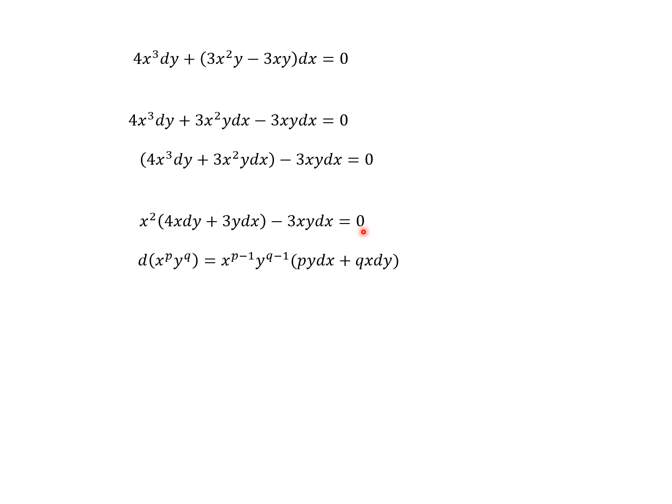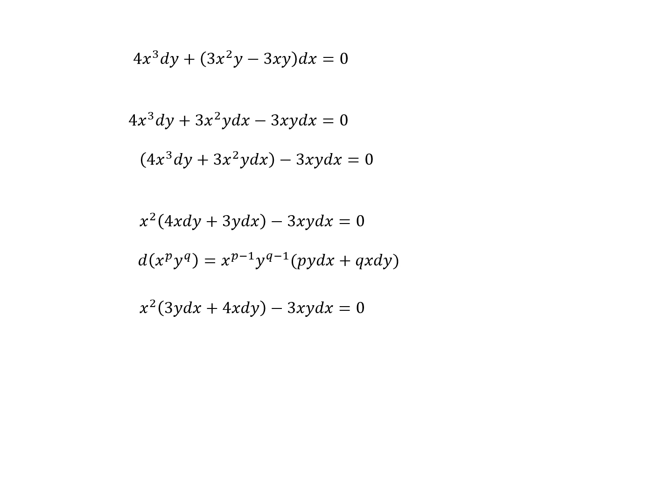We can take advantage of this rule: the derivative of x to the p y to the q is x to the p minus 1 y to the q minus 1 times p y dx plus q x dy. Originally this is x squared times 3y. Let's compare it here: 3y dx plus 4x dy minus 3xy dx is 0.